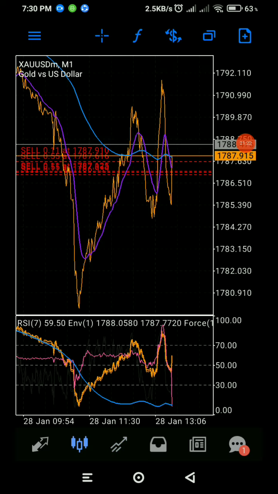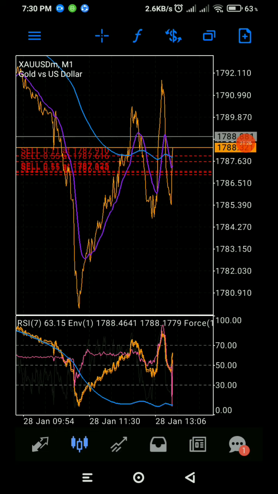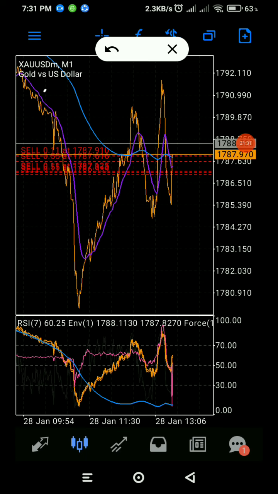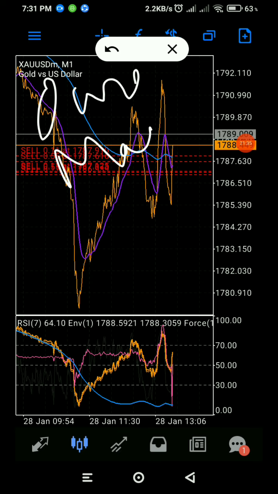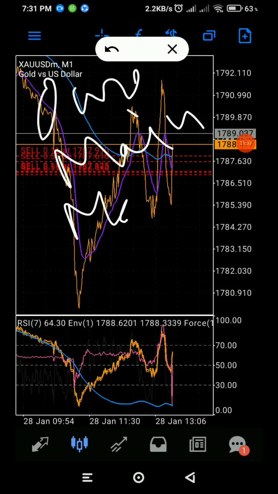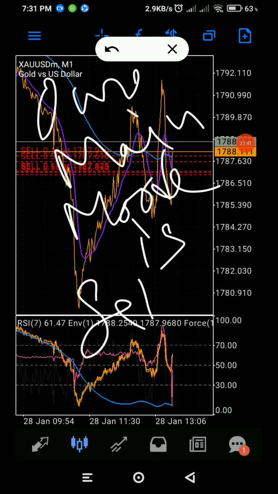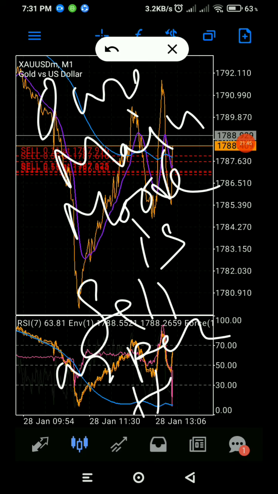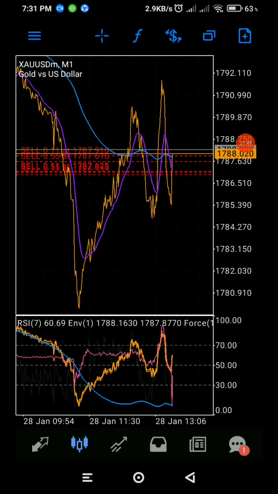Okay, some sell entries taken, and as you see, this is a great key level. And as you know, our main mode is sell, so I'm taking sell. You don't have to fear. You can take sell from this level with a bold heart.